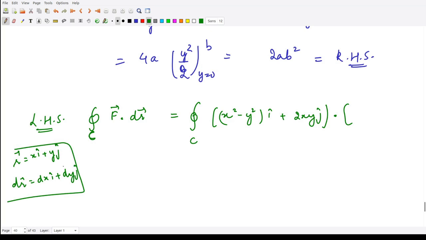So when you substitute the value of dr here, it would be dx i cap plus dy j cap, right?